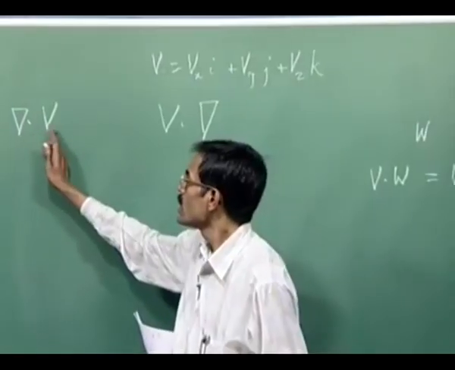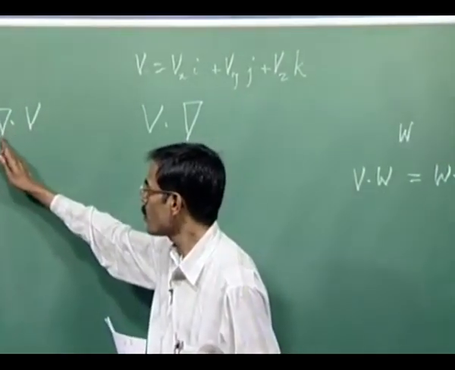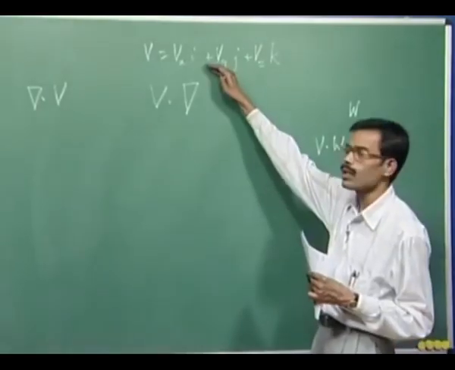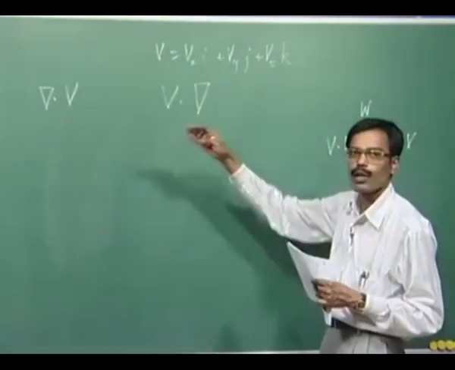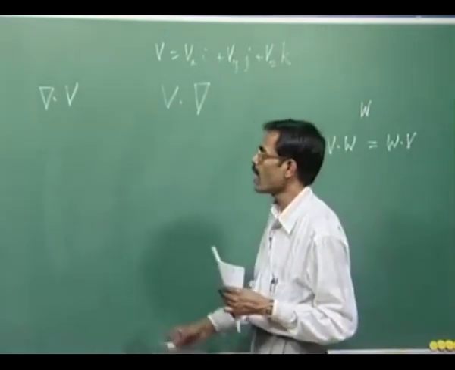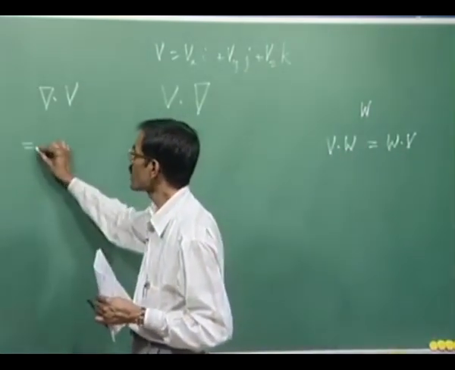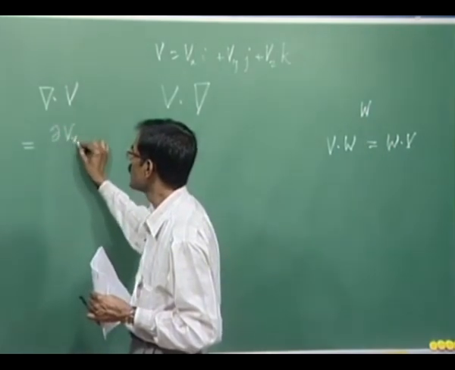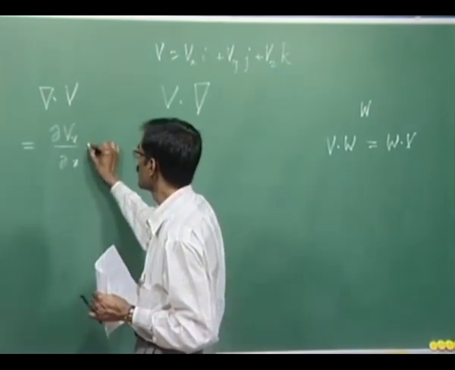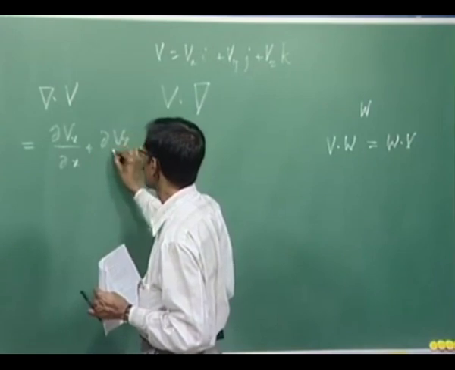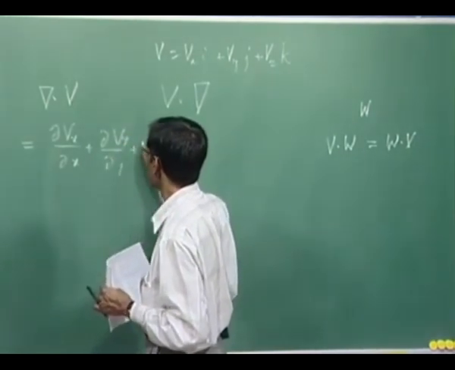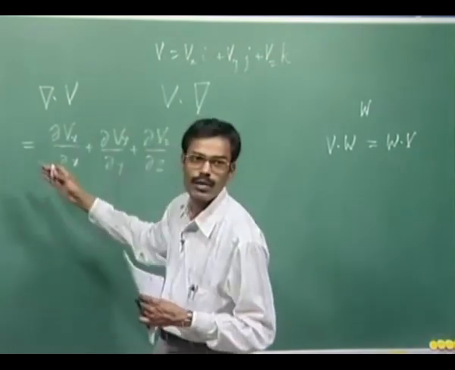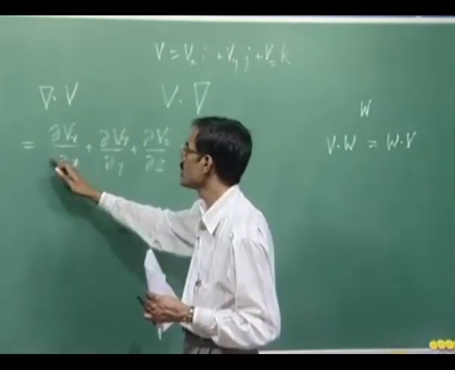What is this? If you apply the del operator through a dot product, then as you apply that on v and you work out all the dot products as usual, then you will get del vx by del x plus del vy by del y plus del vz by del z, which is a scalar quantity, and this has a meaning.